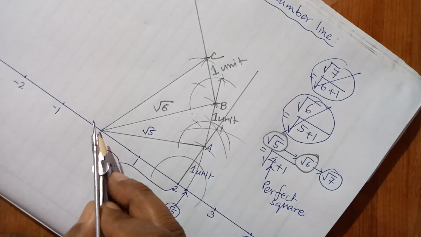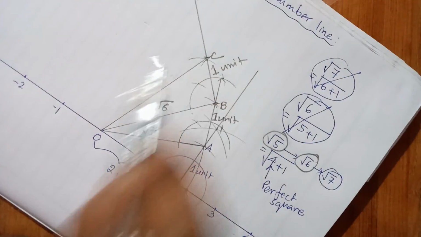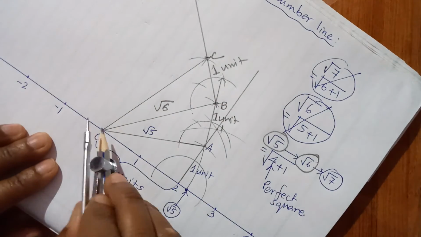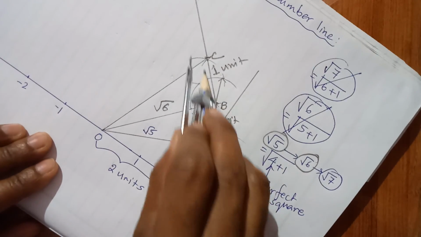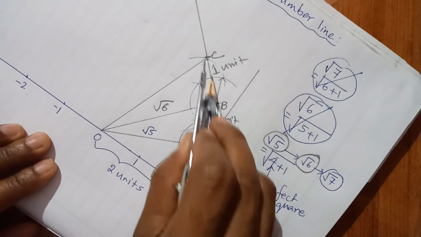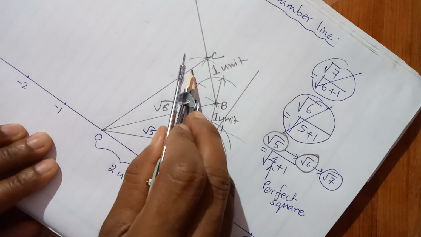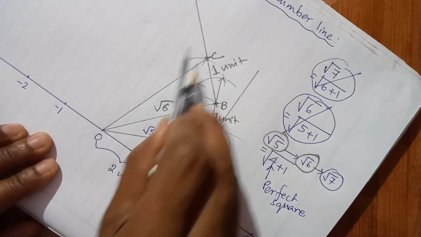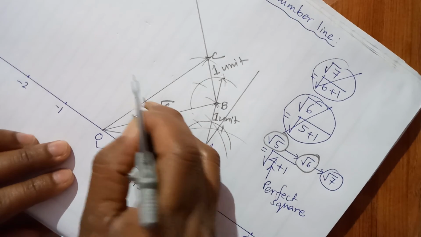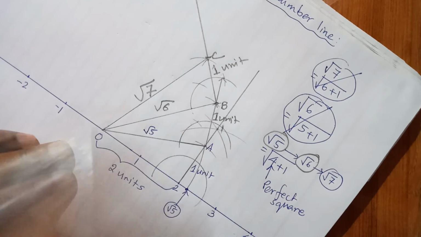After joining these 2 points, I have got one right triangle here, and this is the hypotenuse. So for this right triangle OBC, this is your base, this is your perpendicular, base root 6, perpendicular 1, and OC is the hypotenuse. When you apply the Pythagoras theorem to find the hypotenuse OC, OC will come to √7.